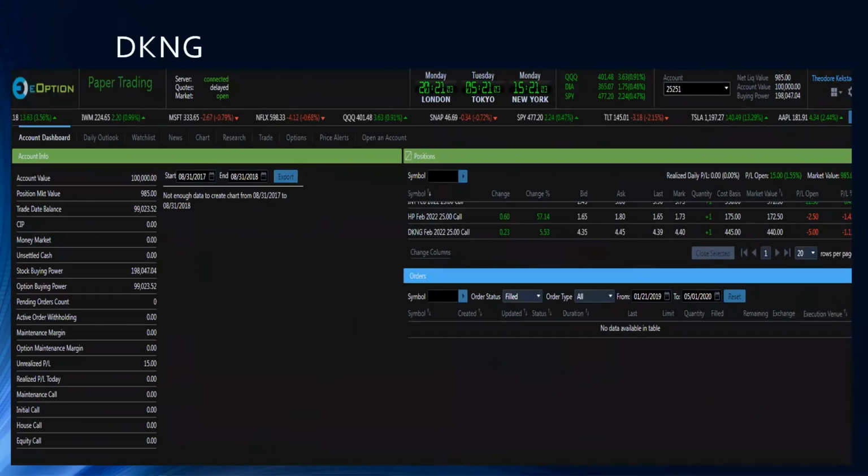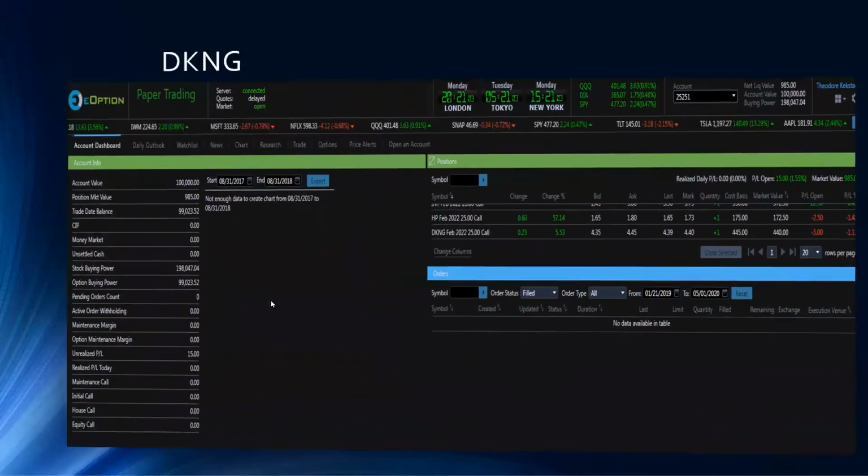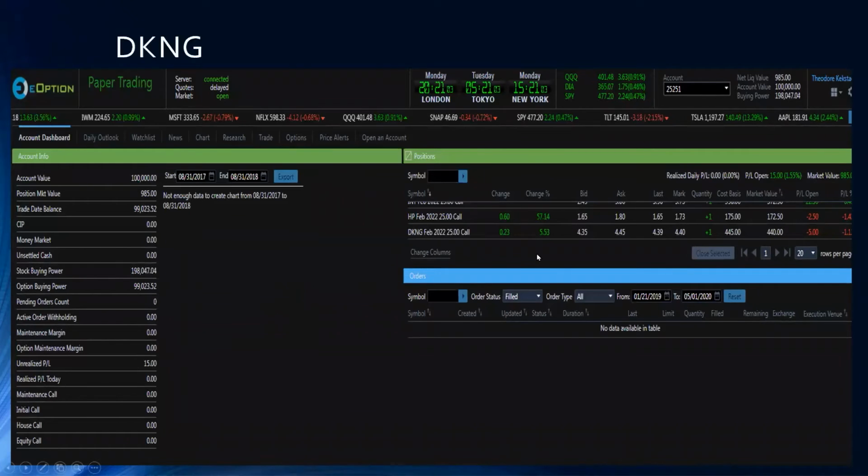Okay, so DraftKings, what's going on here? As you can see, once we enter the trade, it shows you these other ones here. You scroll down, here's the newest trade added, the DraftKings February 2022 $25 call. It shows you the change, the current bid and ask.